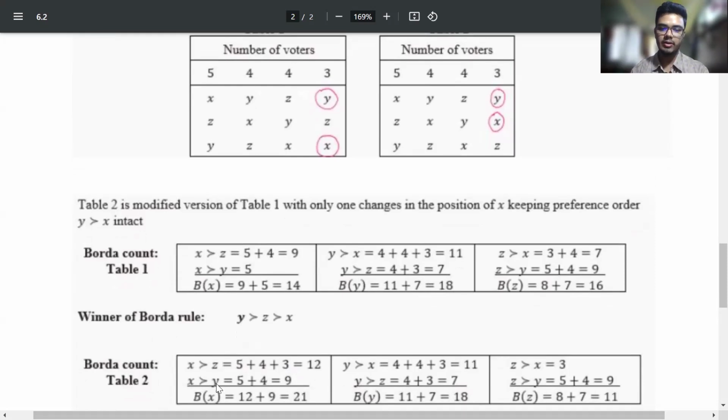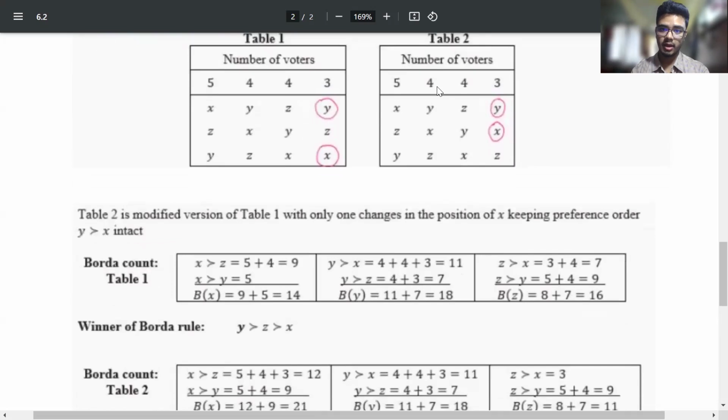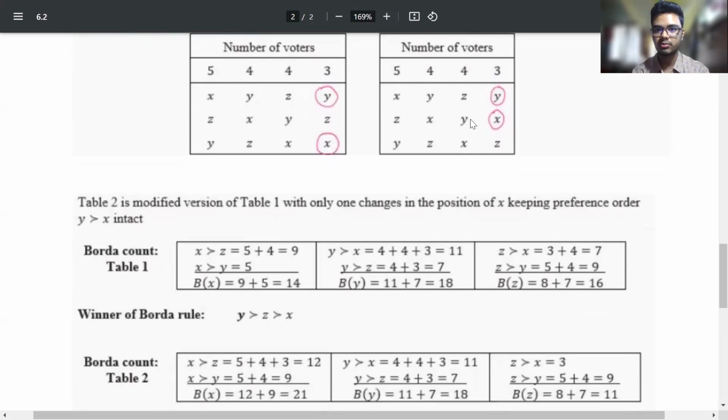X is preferred to Y, 5 votes and 4 votes, and here X is preferred to Y. So by adding 4 plus 5 plus 4 we get 13.